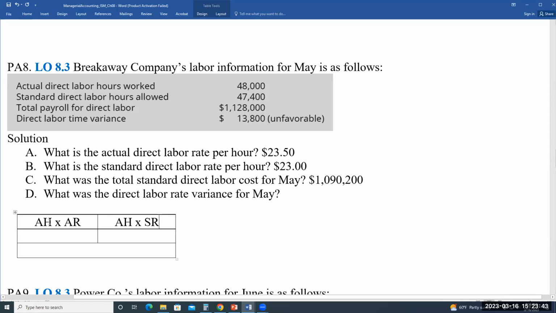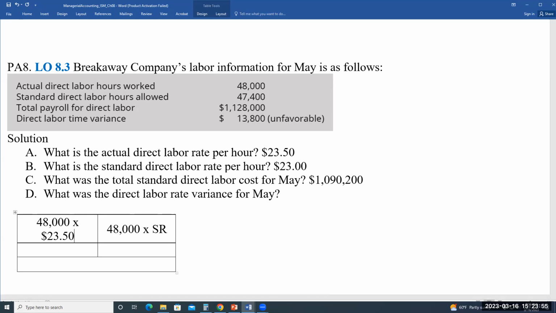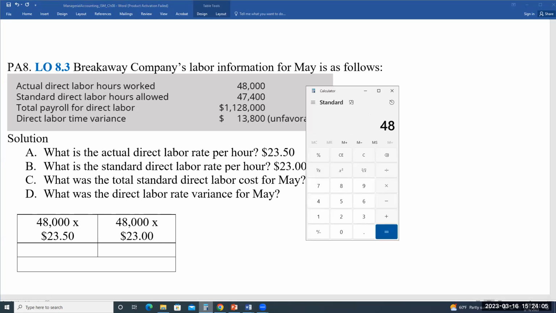Actual hours is 48,000. Actual rate is 23.50. Standard rate is 23. Okay. And then that should get us the right answer.